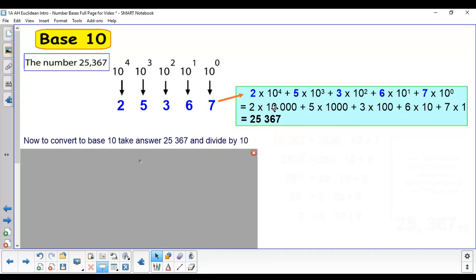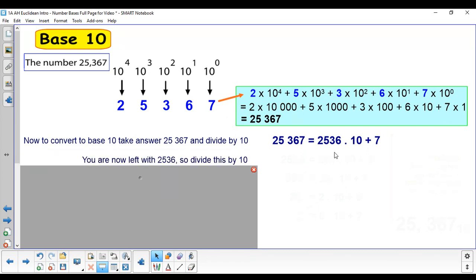So if I said to you, convert it to base 10, now it's silly because it is base 10 already, but I'm just showing you the process, then we'll use the division algorithm to do this. So how many 10s are in that? You've got 2, 5, 3, 6, and 7 left over. Then you've still got 2, 5, 3, 6 to use, so bring that over, and how many 10s are in that? And you've got 6 left over.